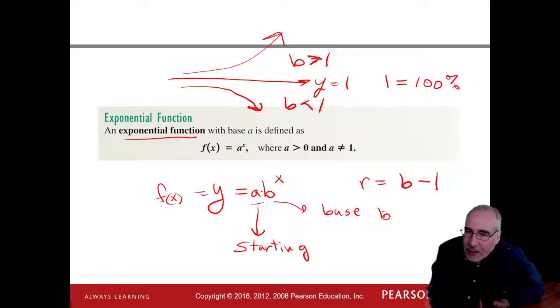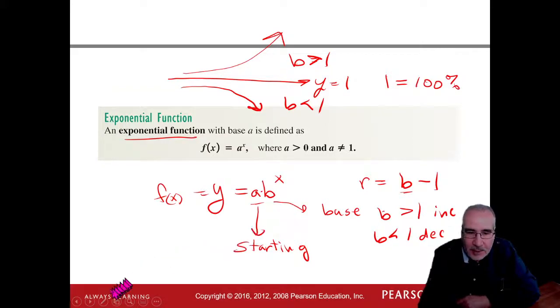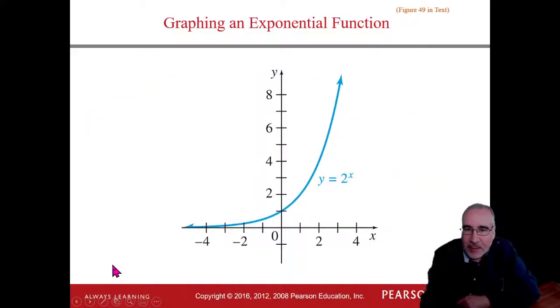If b is greater than 1, you've got an increase, a positive value. If b is less than 1, you've got a decrease. Those basic things we're going to look at. We'll also look at a continuous change with the letter e. But yes, we see an increase here, a base of 2, so that's positive. It's greater than 1, it's going to increase.